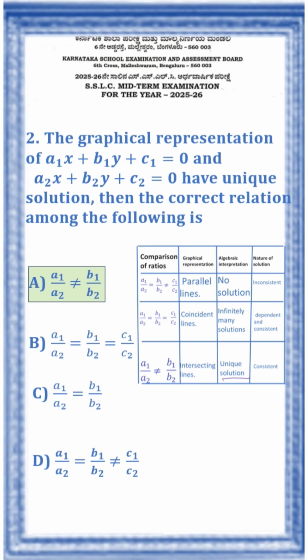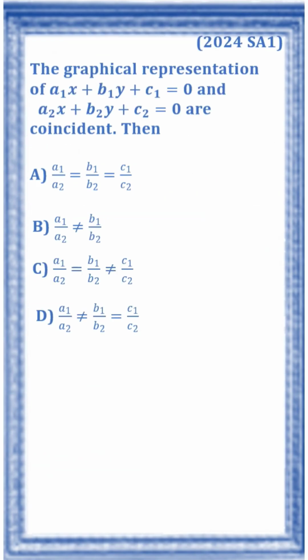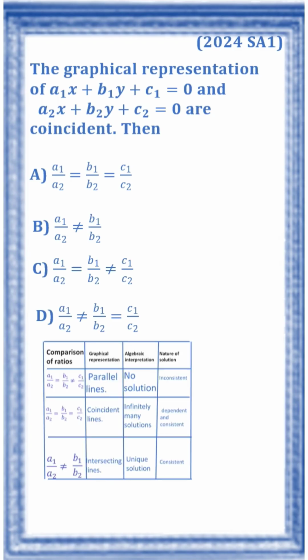A similar question has also appeared in the 2024 SA1 question paper. The graphical representation of a1x plus b1y plus c1 is equal to 0 and a2x plus b2y plus c2 is equal to 0 are coincident, then you now readily know the answer. What is it?